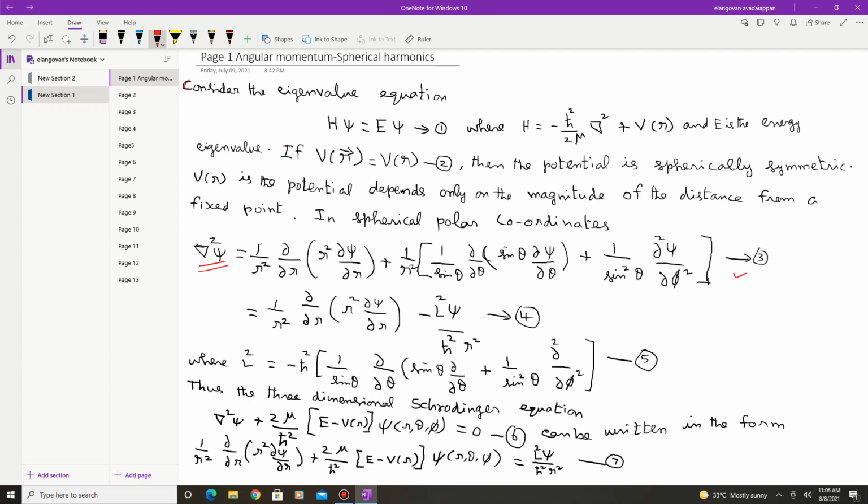Now this can be expressed in two parts. One is a function of r alone, 1 by r square partial d by dr of r square d psi by dr. The remaining part can be expressed like this: minus L square psi divided by h cross square r square, where L square is defined as minus h cross square times the angular part involving 1 by sin square theta and partial d square by d phi square.